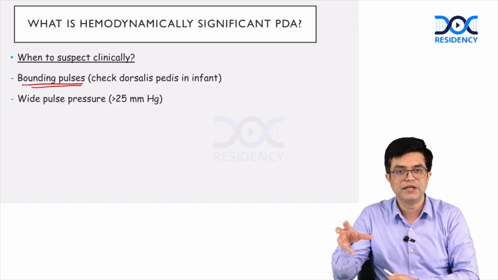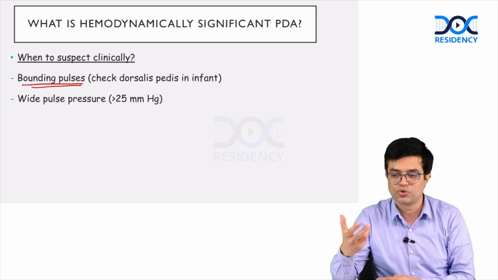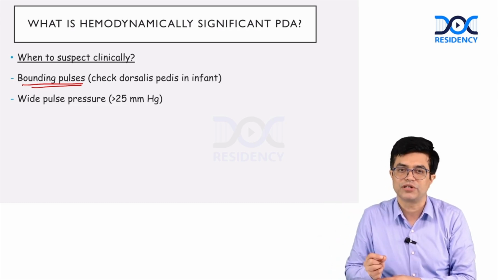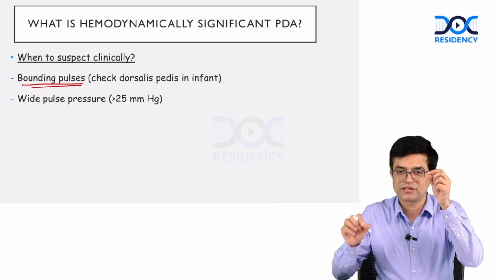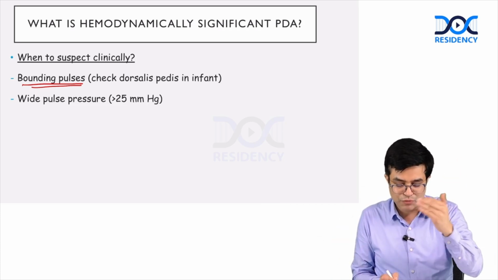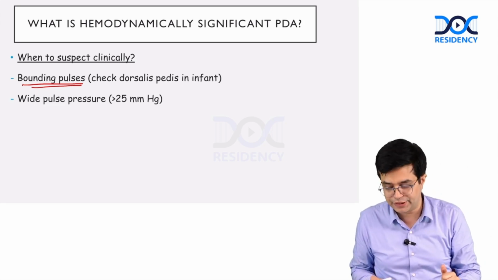The descending aorta has relatively less blood, so the recoil of the aorta is also less, leading to a fall in the diastolic BP. So systolic slightly more, diastolic slightly less. What happens? There is a wide pulse pressure. A wide pulse pressure of more than 25 millimeters has been shown to clinically raise the suspicion of HS PDA.